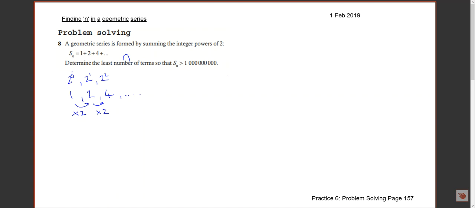So we're going to use our formula for the sum of the first n terms. So our formula for S of n is equal to, what's the formula, anyone?